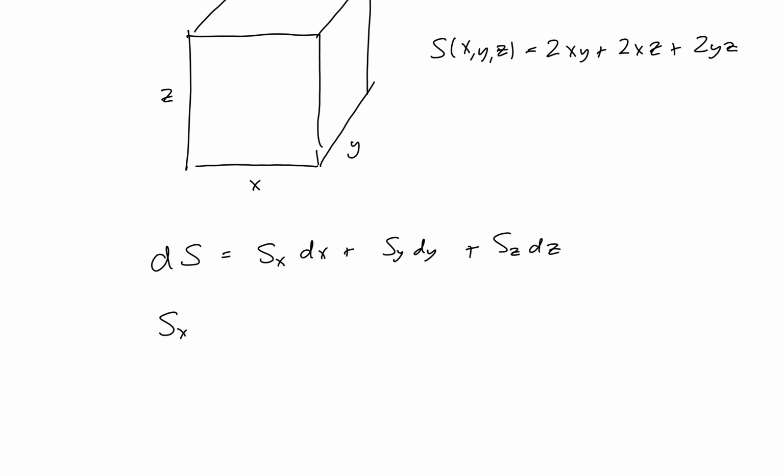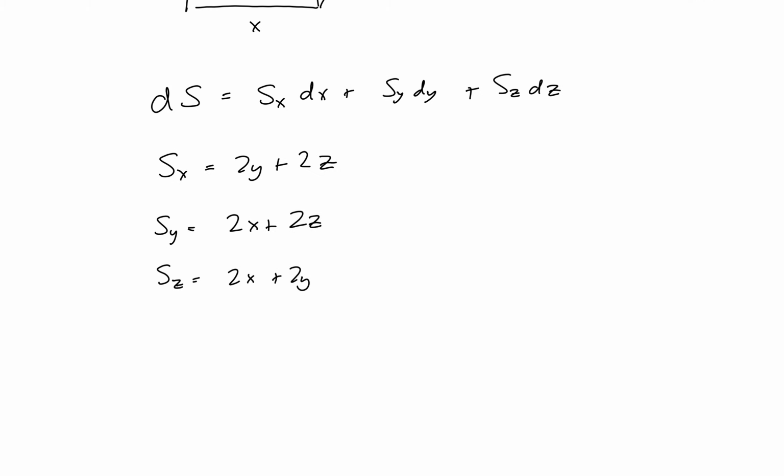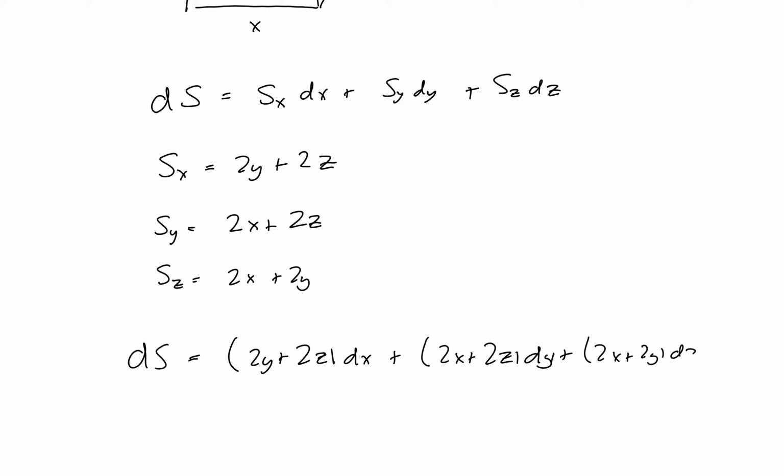So S sub x is going to be 2y plus 2z. S sub y is 2x plus 2z, and S sub z is 2x plus 2y. So we can fill that in for our differential, and this is going to be (2y plus 2z) dx plus (2x plus 2z) dy plus (2x plus 2y) dz.